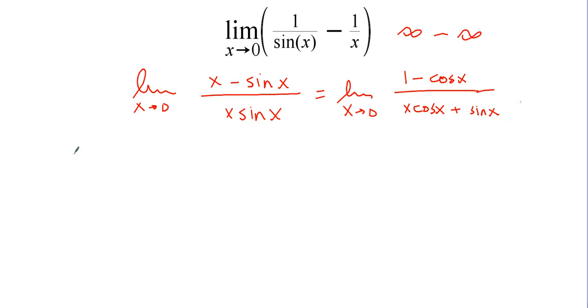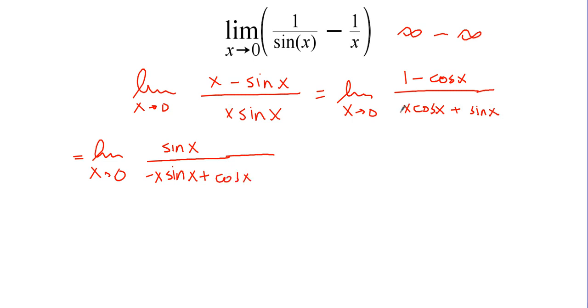Okay? So we'll reapply L'Hopital's rule. We get the limit as x approaches 0 of, the 1 will go away this time. The derivative of negative cosine should be positive sine. And then the derivative of x cosine x will be x times the derivative of cosine, so negative sine x, plus cosine x times the derivative of x, which is just 1, plus the derivative of sine, which is cosine x.